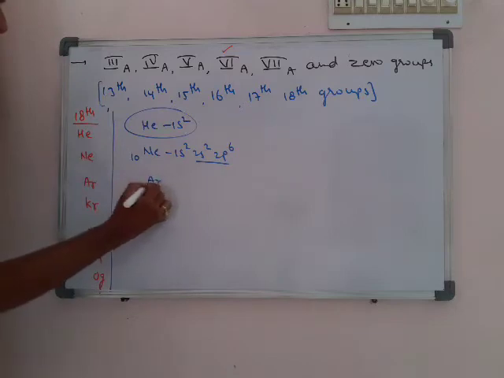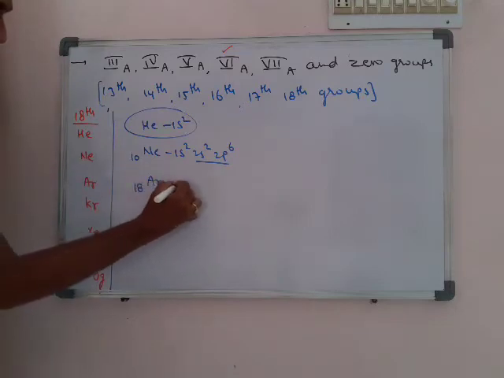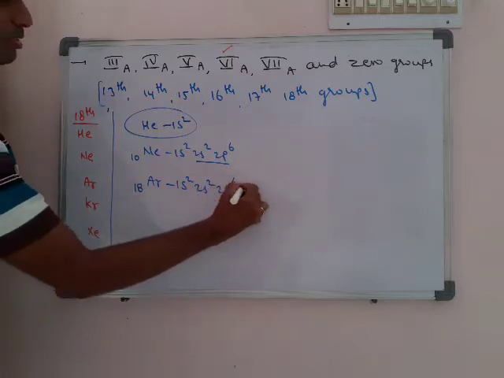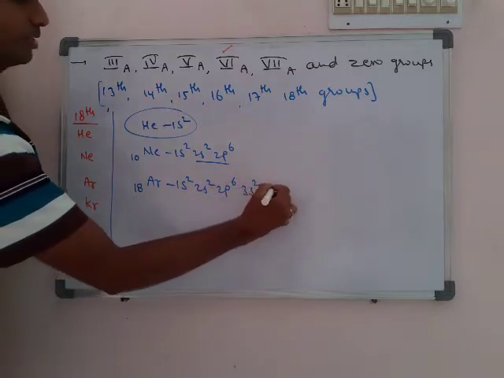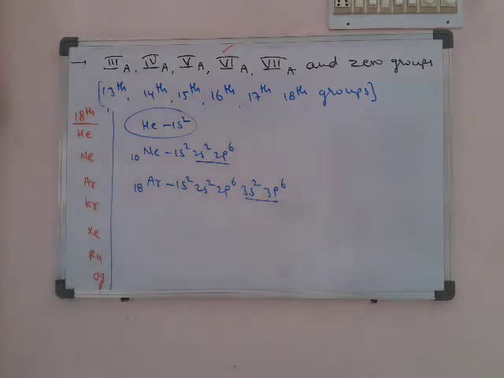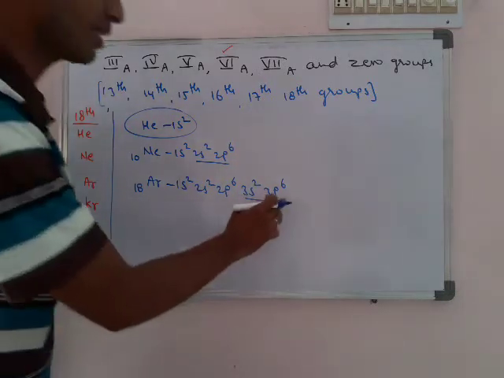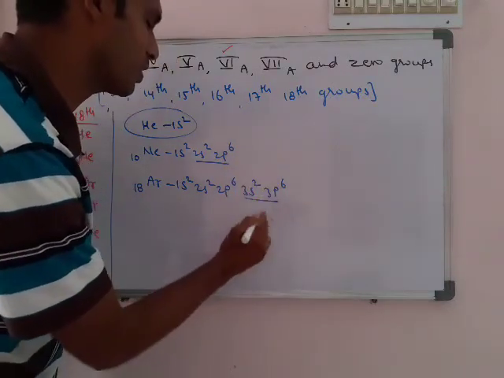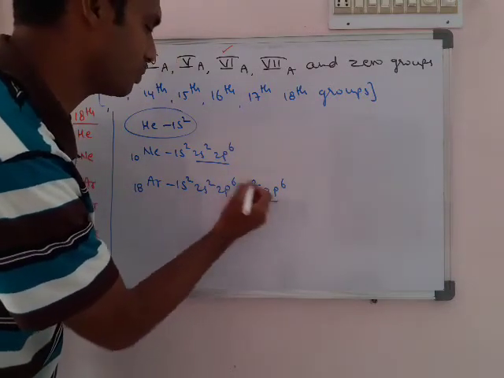Okay, if you see argon: 1s2, 2s2, 2p6, 3s2, 3p6. So what is the differentiating electron? It is in the p subshell, the 3p subshell. Next, 8 electrons. What is the general configuration? s2p6.